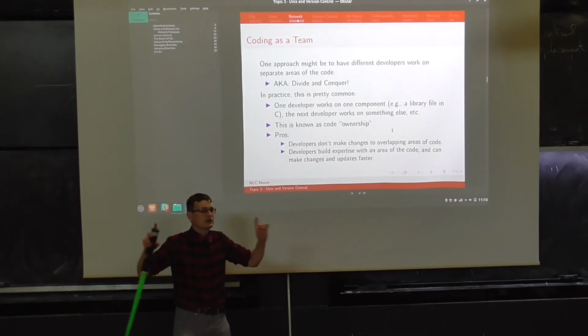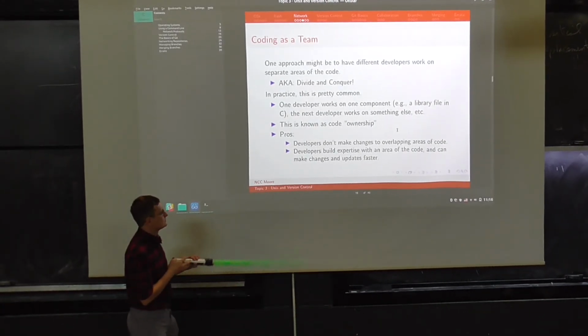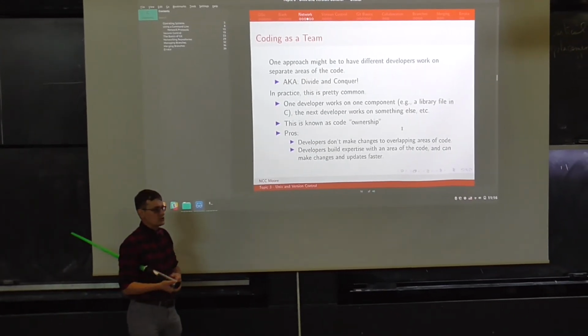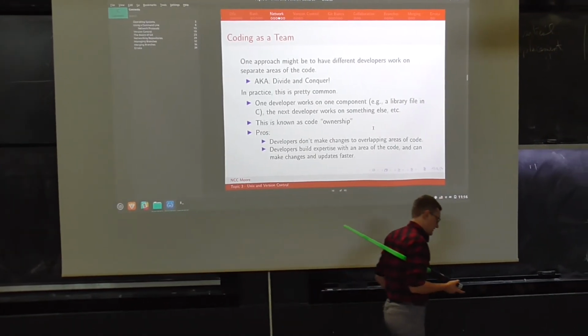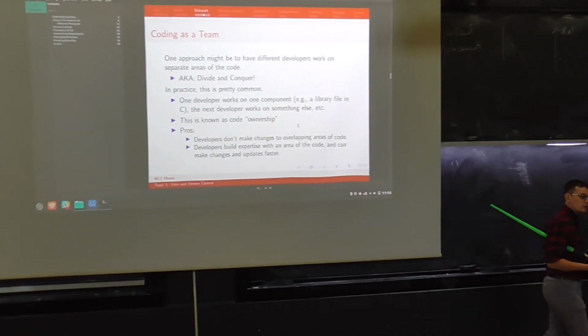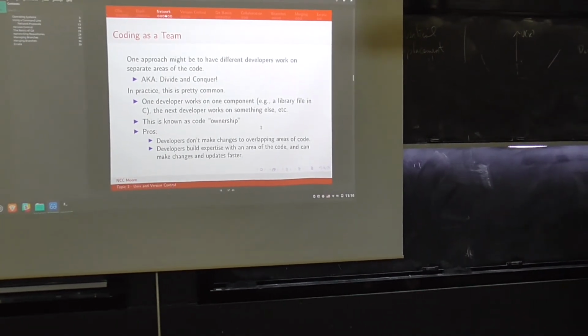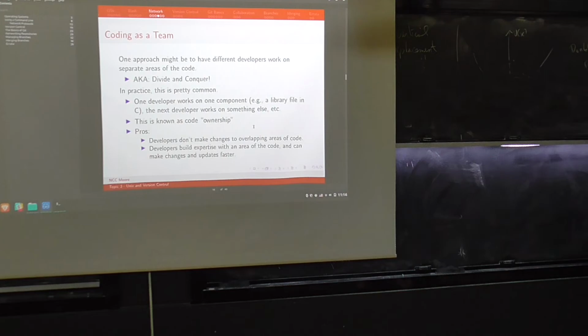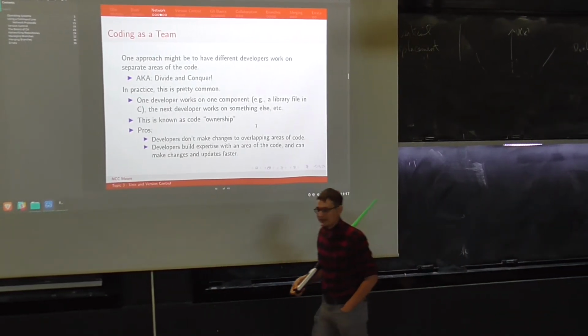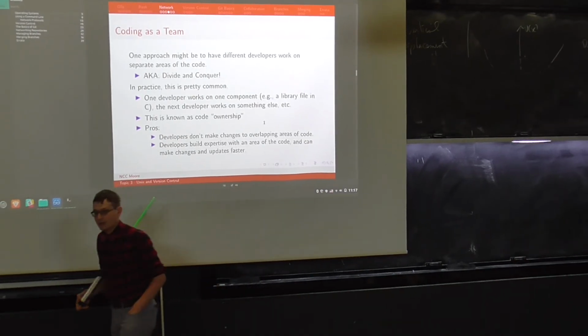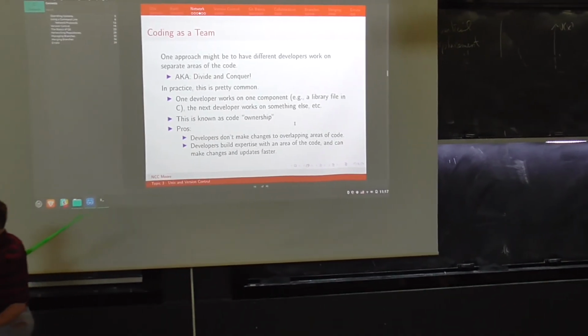It's fine, it's good. Developers also build expertise within an area of code and can make changes and updates faster. If you've been working on the same 3 classes for 6 months, you will gain some familiarity with them and can change and adapt them more rapidly than someone who's never seen them before. Obviously.